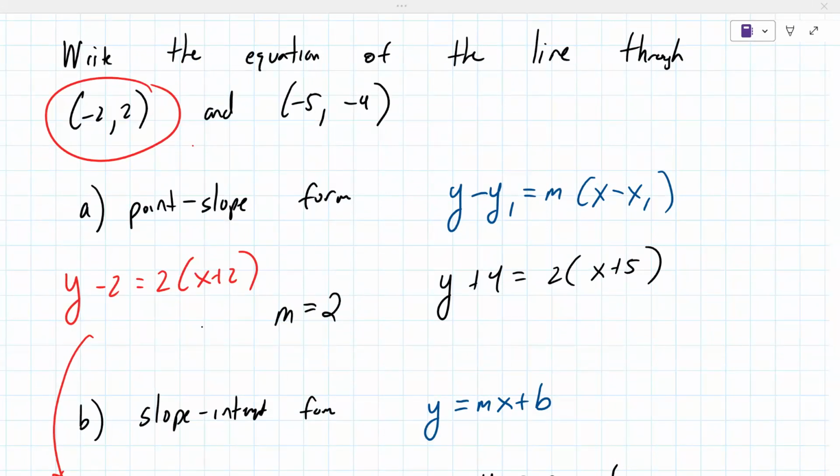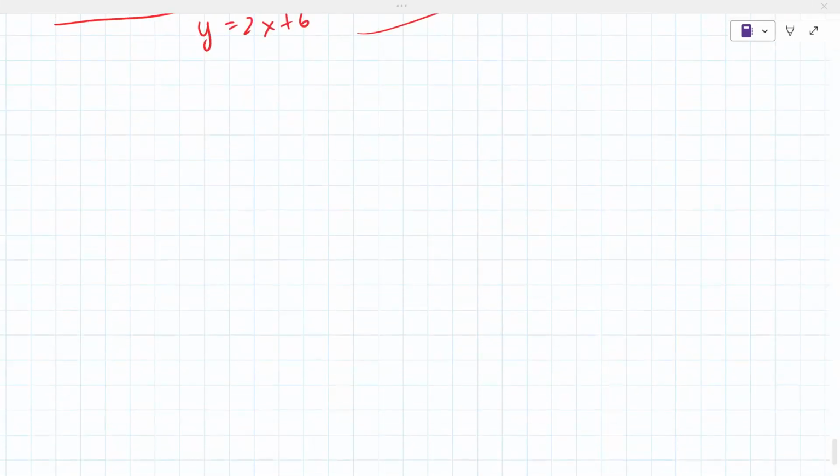Okay. Alrighty. I guess the next thing here is we can talk about standard form. So standard form, I have to do a couple of examples here.